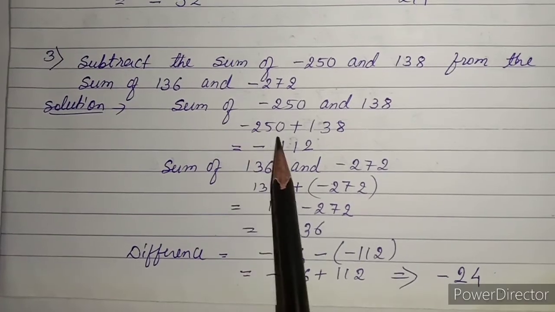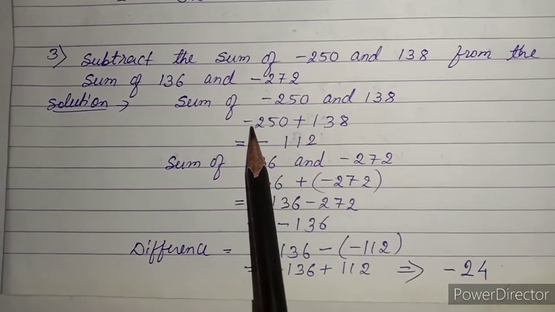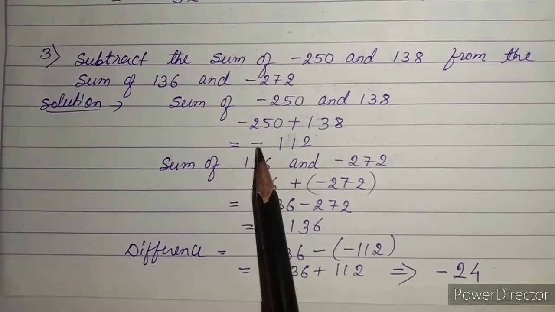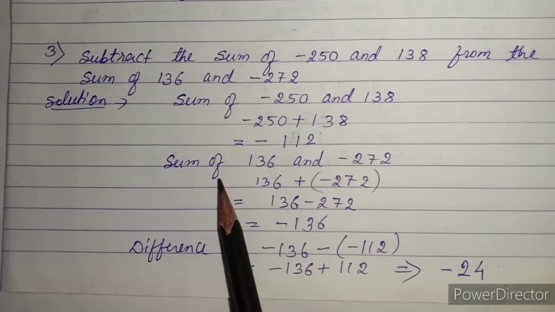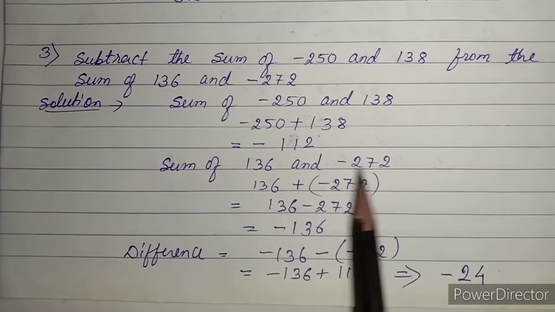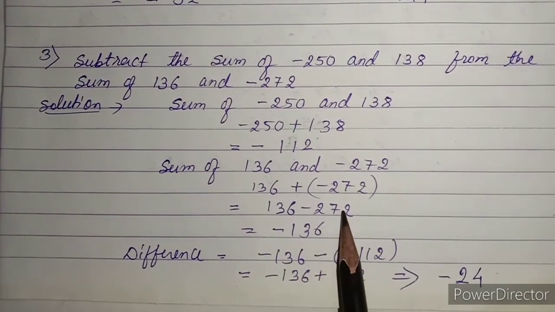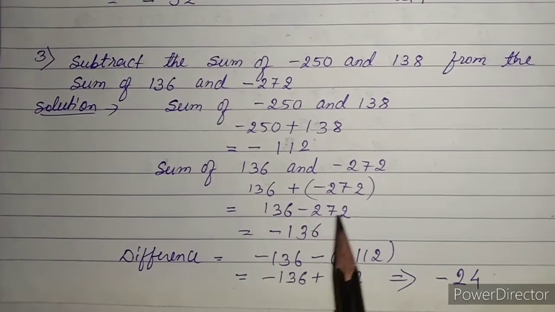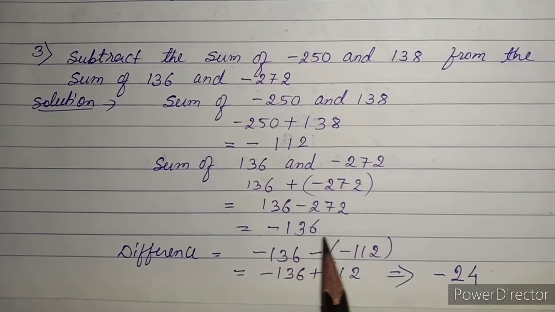One is negative, one is positive, so you subtract and give the sign of the greater number. So minus 112 is the sum here. Next find the sum of 136 and minus 272. Again one is positive, one is negative, so subtract and give the sign of the greater one, that is minus 136.